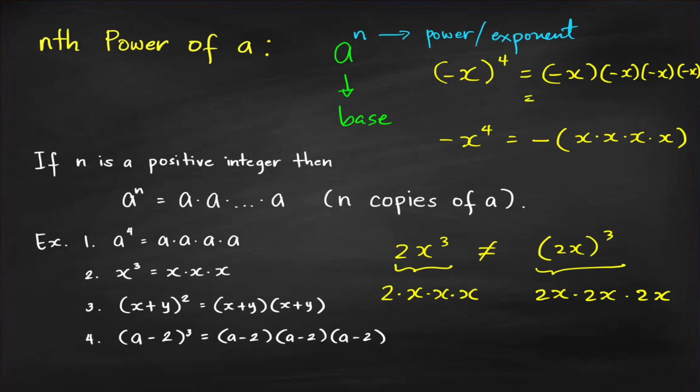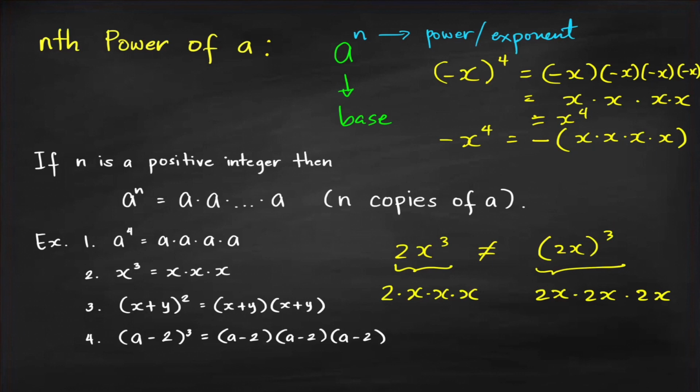If you go back to the first expression, we're multiplying here 4 negative signs. Negative times negative is positive, so this is the same thing as x times x, and then negative times negative is positive, so x times x. So clearly, these two expressions are not the same. The first expression is actually equal to x raised to 4. It is not equal to the negative of x raised to 4.